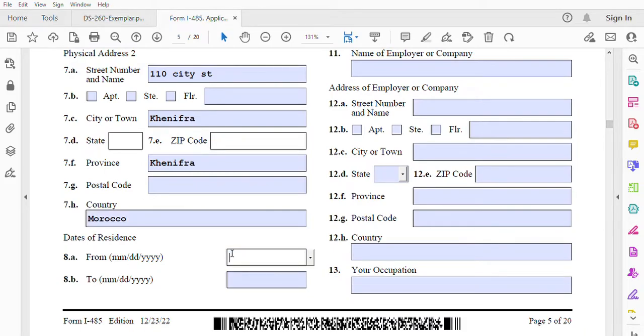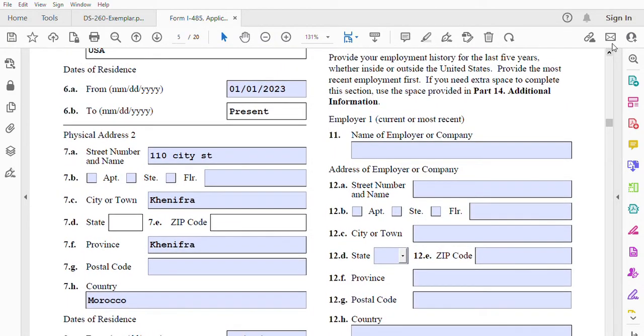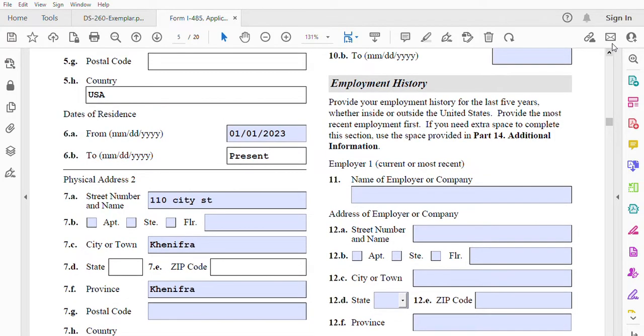It's from 1/1/1990, since birth, to 1/1/2023, the date I moved to the United States. So we have the last 5 years of history.